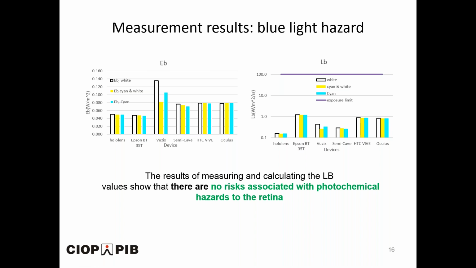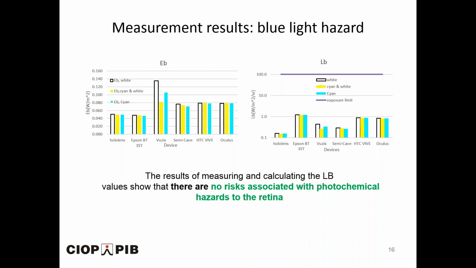That's because of the size of the display installed in those two devices. The Vuzix Blade has a relatively large display, and the Epson has a relatively small display.